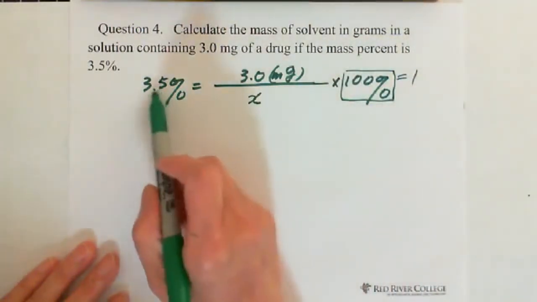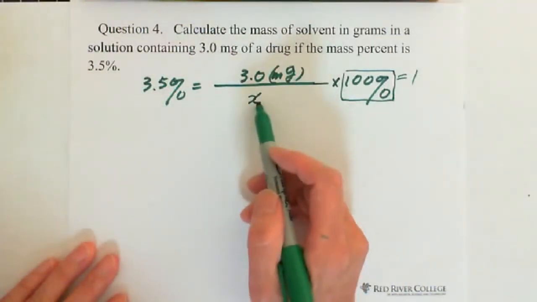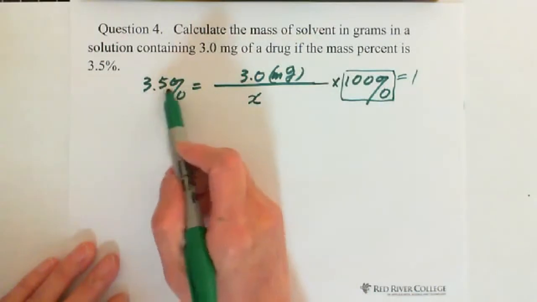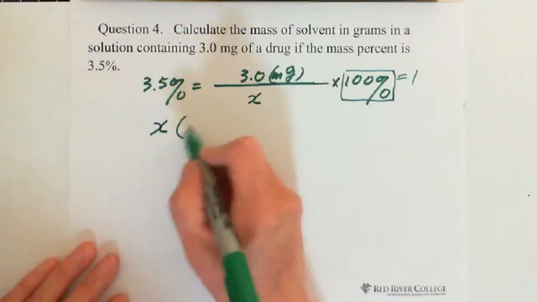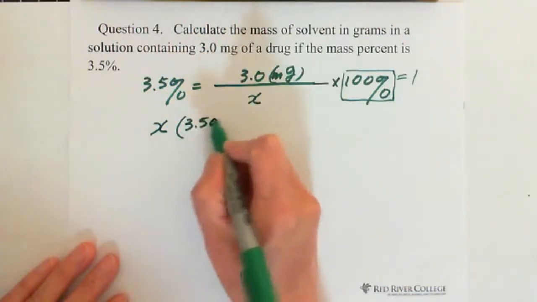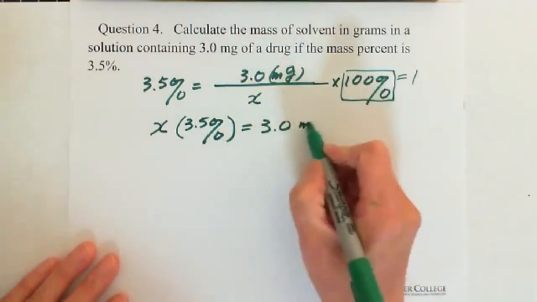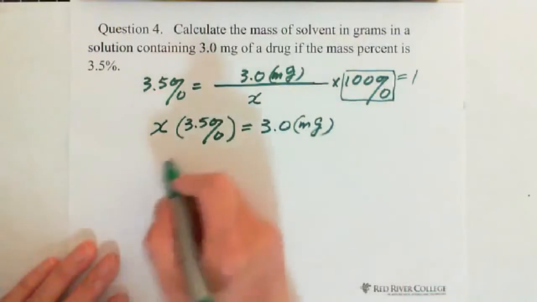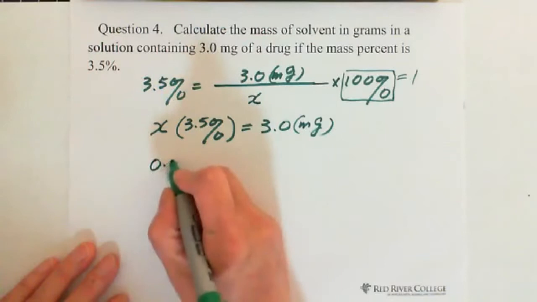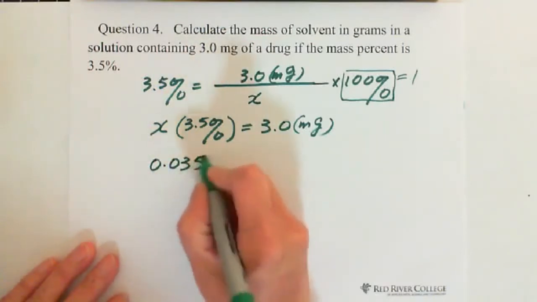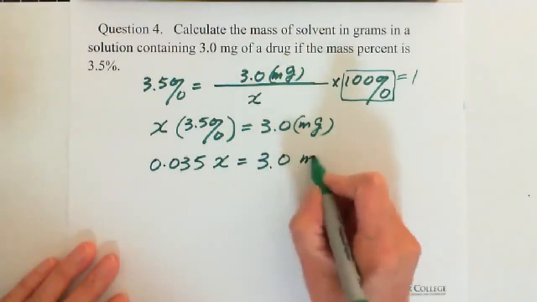Now we work with this expression. X multiplied by 3.5% equals 3.0 milligrams. Then 3.5% converted to decimal is 0.035, so 0.035X equals 3.0 milligrams.